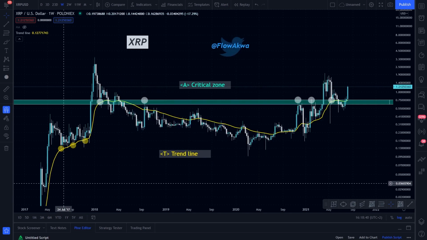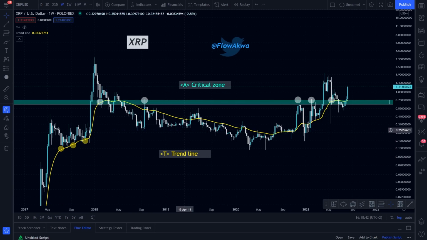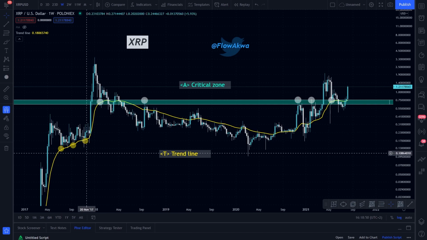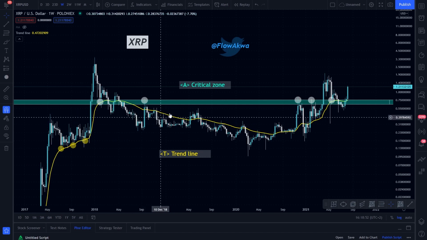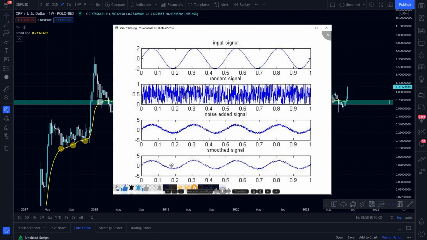And by using a moving average, we try to get as close as possible to the trend of the price chart, okay? So the line in yellow, the moving average, is the fourth signal, right?